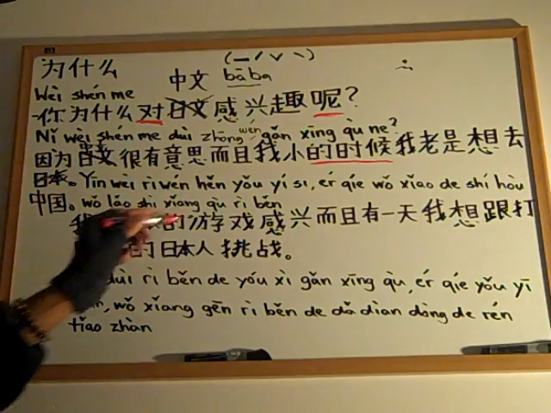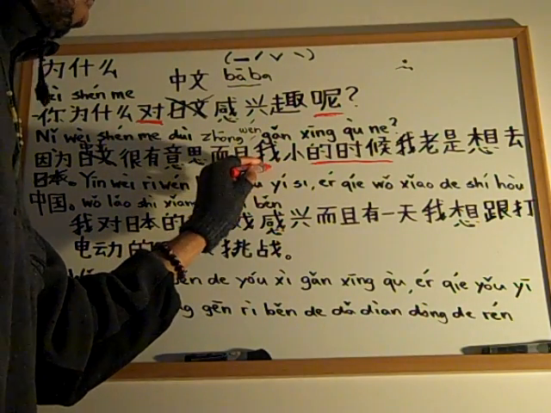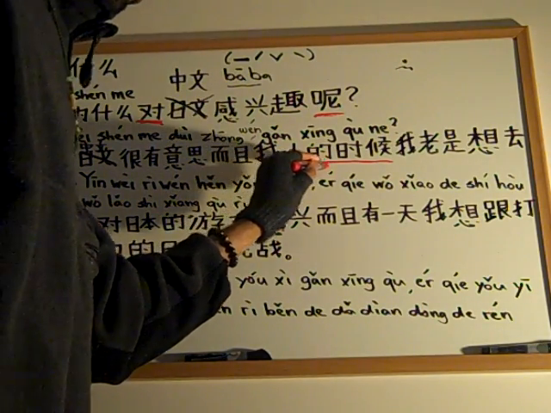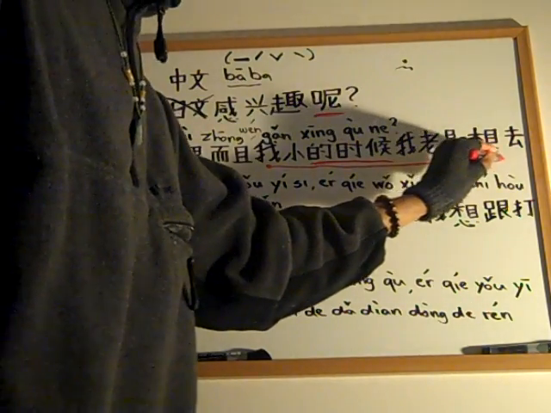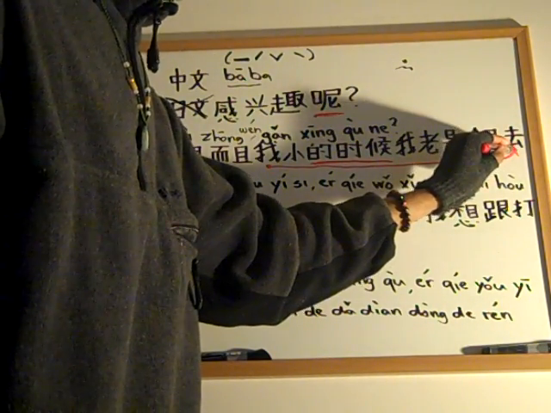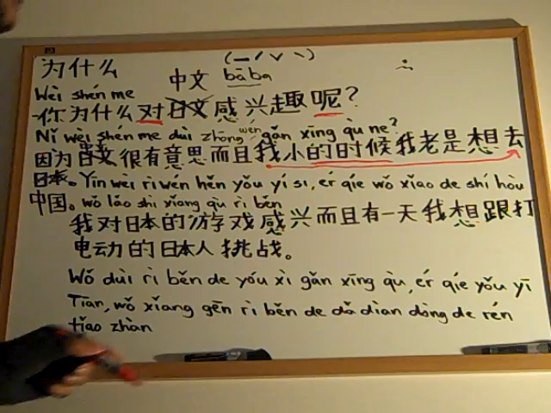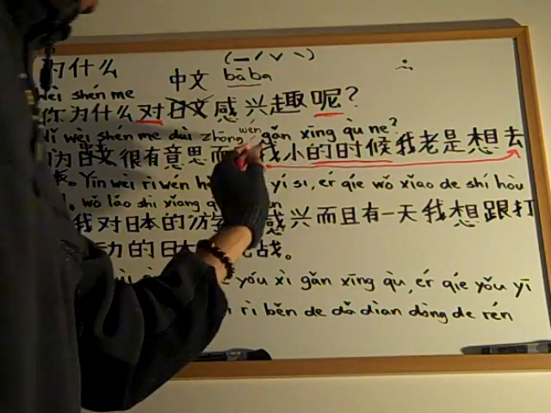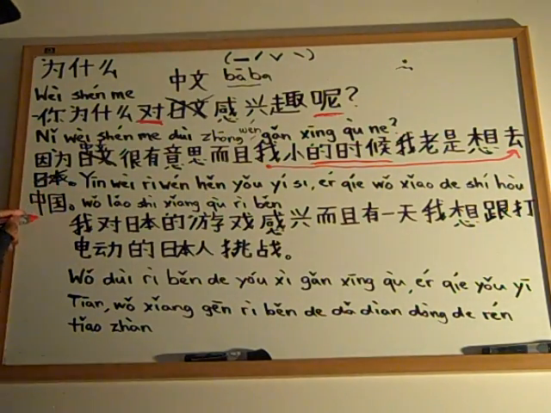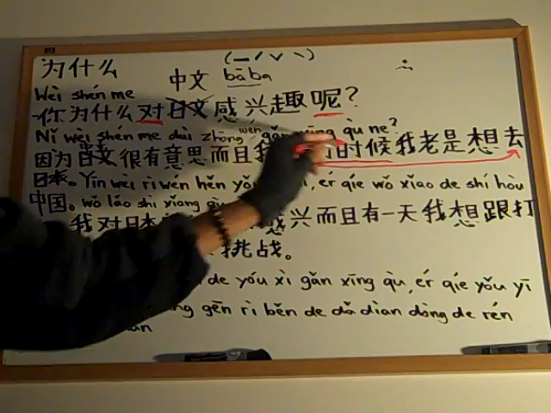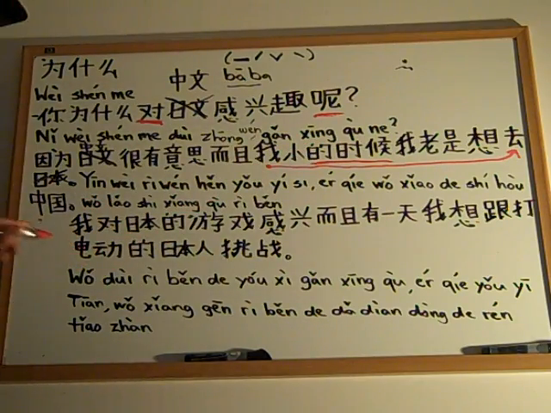Let's start from here. 我, and let's move all the way over here. 我去, because we said 去 means to go, right? So 我去中国, and if you add 的时候, like that, you see?